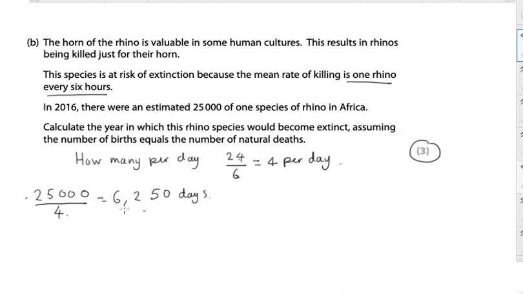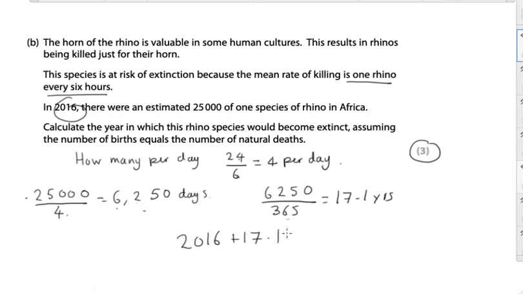Now we need to find out how many years 6,250 days is. So we take our 6,250 days and divide it by 365, because that's how many days are in a year. And this gives us 17.1 years. So we're starting at 2016, and we're going to add on 17.1.